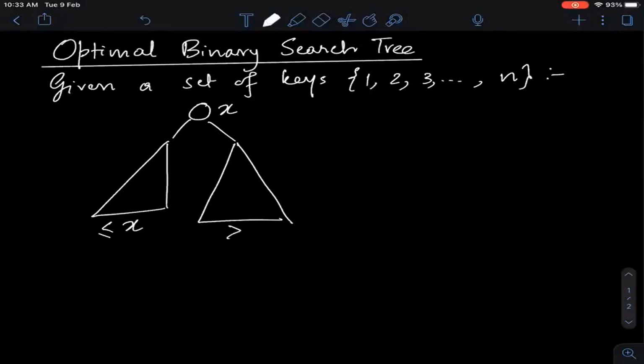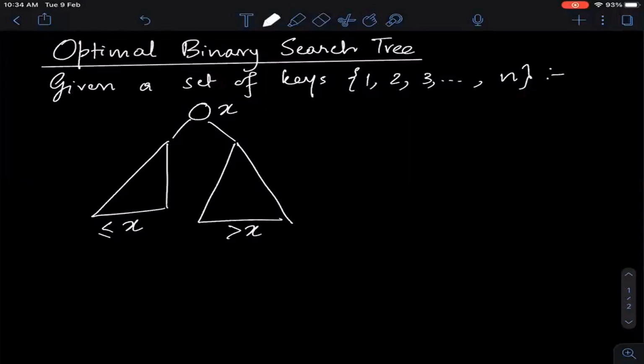And on the right subtree, everything is greater than X. And this property holds at every subtree of this tree. So that's a binary search tree, and we all know why this is useful: if we have to do some kind of lookup on the keys for various kinds of applications, this provides a very fast way of doing those lookups.